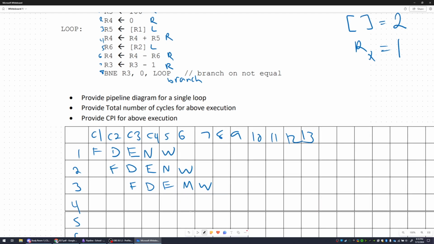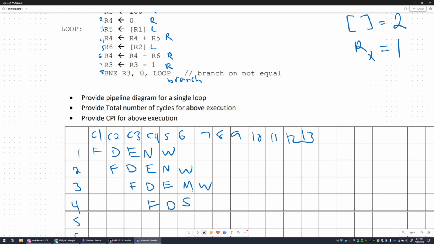So this will fetch and decode, and then we have to look for the data dependencies, like we said. Line 2 is an R type, so no problem there. What about line 3? Line 3, we have to wait for the mem stage to finish.